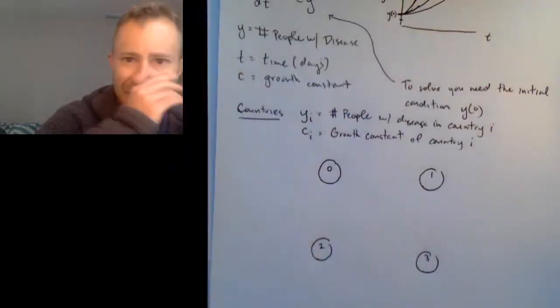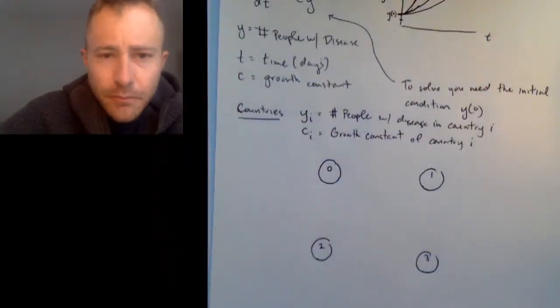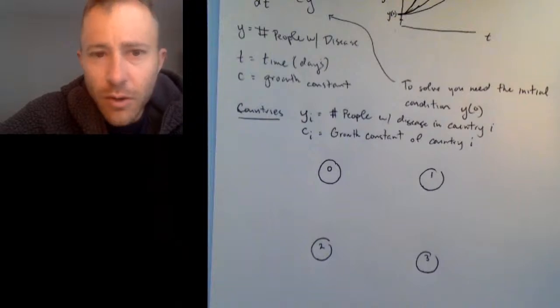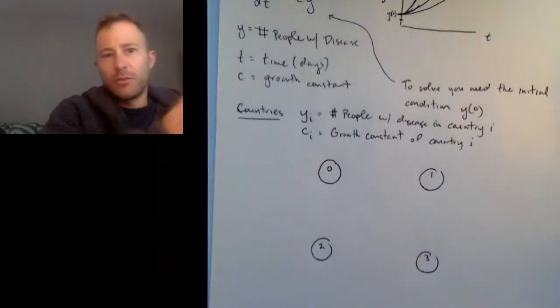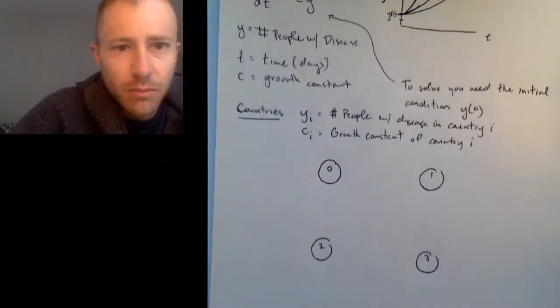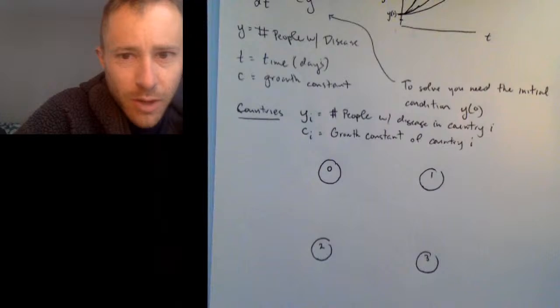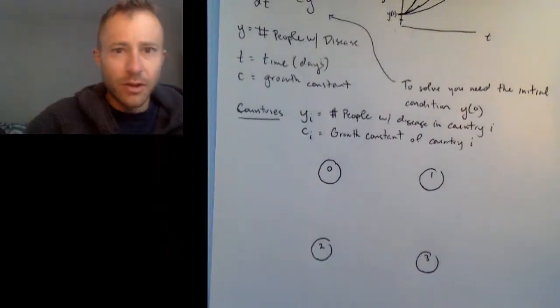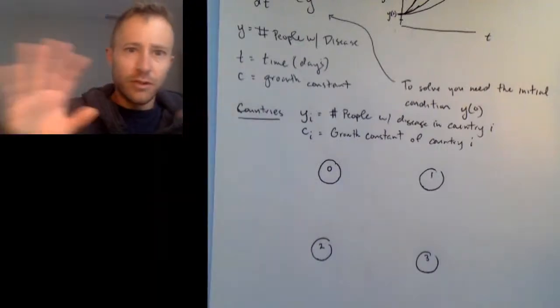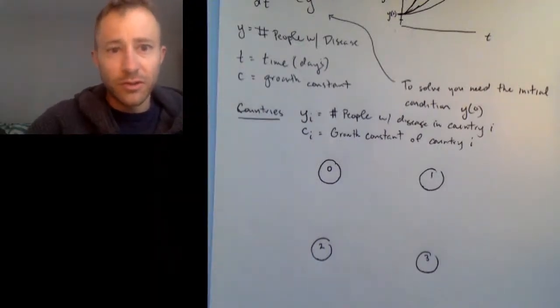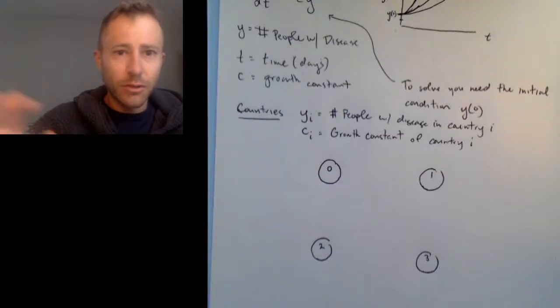As we have seen during the COVID pandemic, there are different policies that have either enhanced the spread of COVID or reduced the spread of COVID. These policies are essentially what set the growth constants in these individual locations, whether it's a state or a country or whatever.